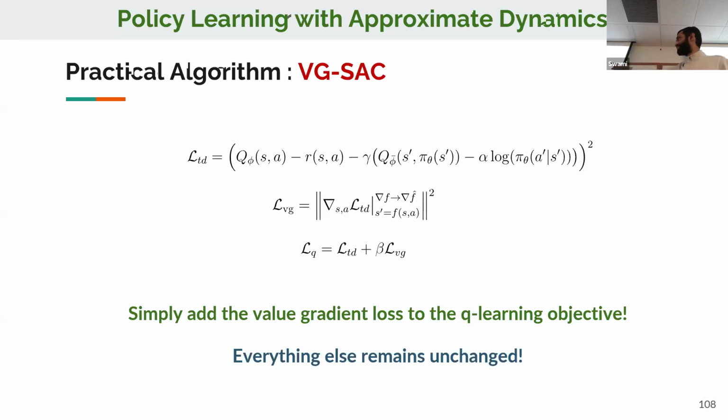Pardon me for that. But essentially, you can compute the value gradient objective by just computing the gradient of the TD residual and then taking a norm and plugging it into the Q learning objective, and everything else in the algorithm remains about the same.